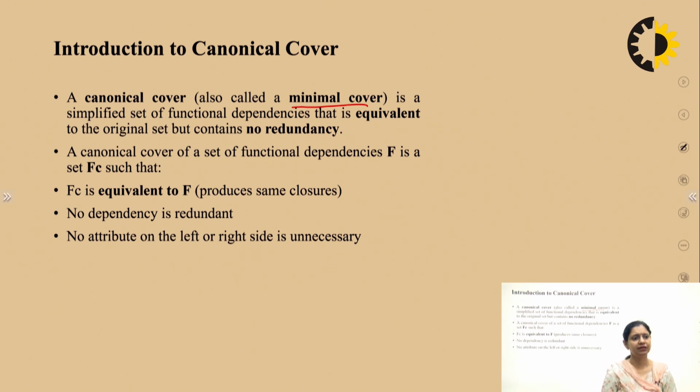If there are some redundant functional dependencies, we try to remove them. Then no attribute on the left side or the right side is unnecessary. That is, again, we do not have any data which is not needed but still is a part of the functional dependency. So these are the three major things that we take care of whenever we are finding out the canonical cover.